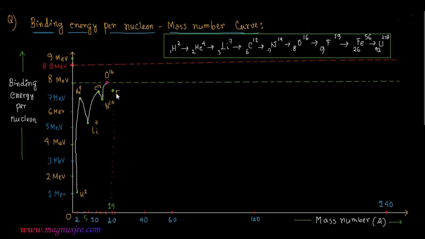And also we can denote an imaginary line having mass number 19 to denote the position of fluorine nucleus, or F19. And we have drawn the graph between oxygen and fluorine nucleus, and the binding energy graph is drawn from hydrogen nucleus to fluorine 19 nucleus.